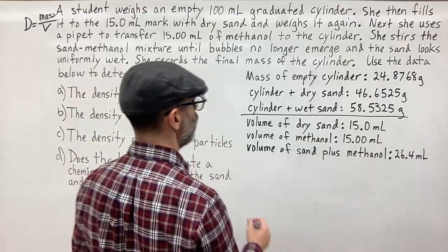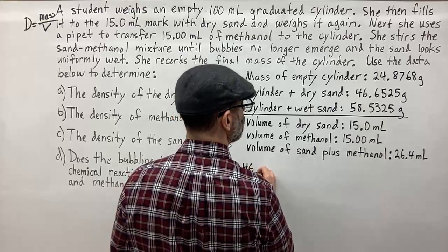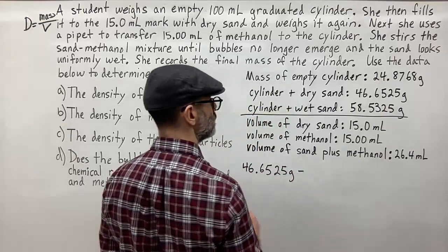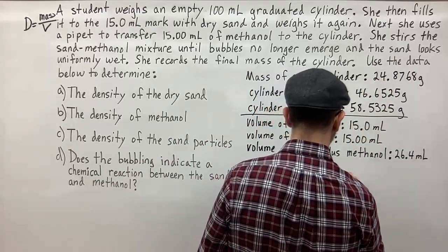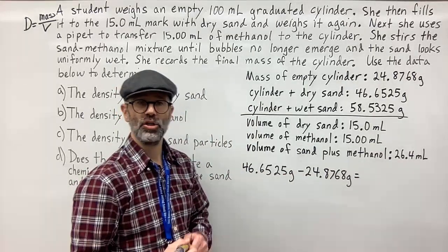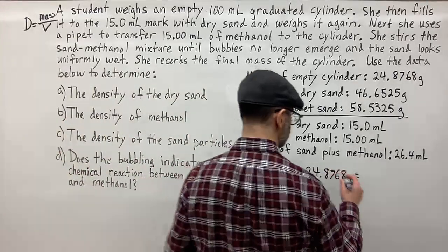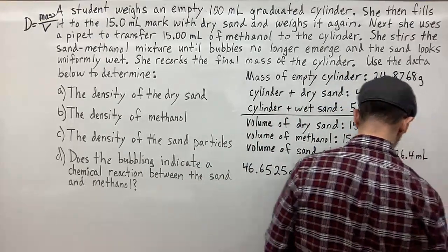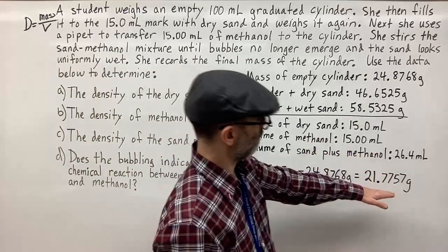So it's 46.6525 grams minus 24.8768 grams, and when you subtract that, you should get the mass of the dry sand, and we do get 21.7757 grams. Let me double check that. 21.7757. Yes.